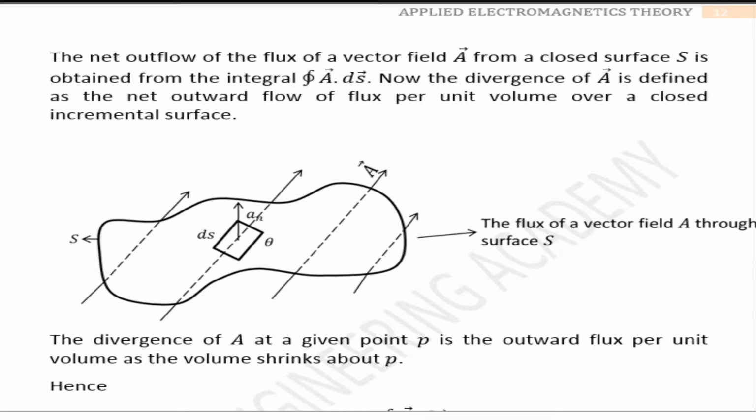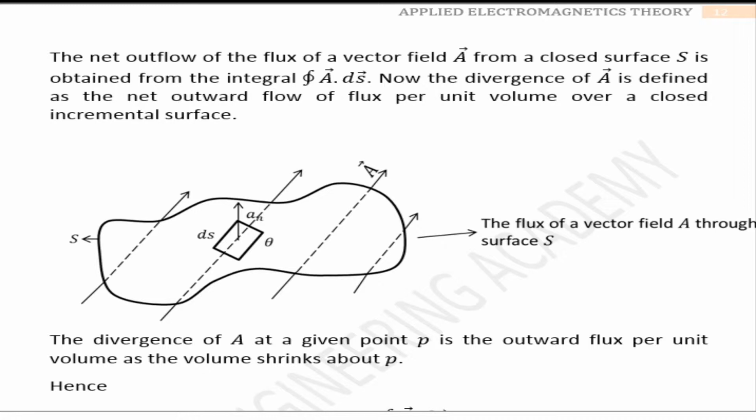Now the divergence of this particular vector A is defined as the net outflow of flux per unit volume over the closed incremental surface. Once again, the divergence of the vector field A is defined as the net outward flow of the flux per unit volume.